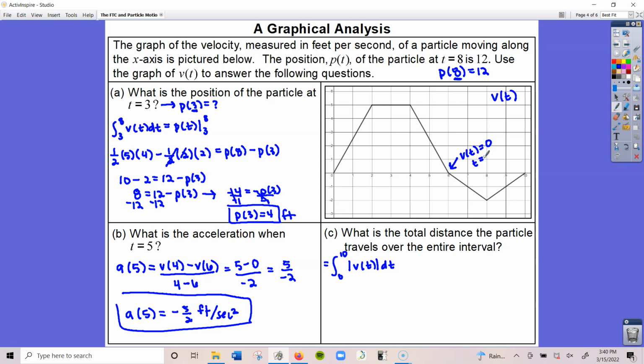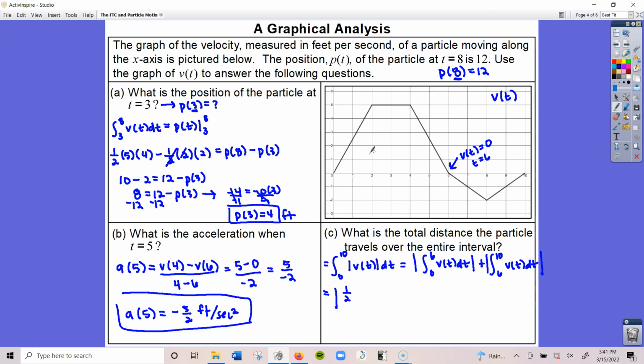So at t is equal to 6, my particle changes direction from going to the right to going left. So I would need to do the absolute value of the integral from 0 to 6 of v of t dt plus the absolute value of the integral from 6 to 10 of v of t dt. So basically, we're going to take the area for 0 to 6 and keep that in absolute value, so that's 1/2.